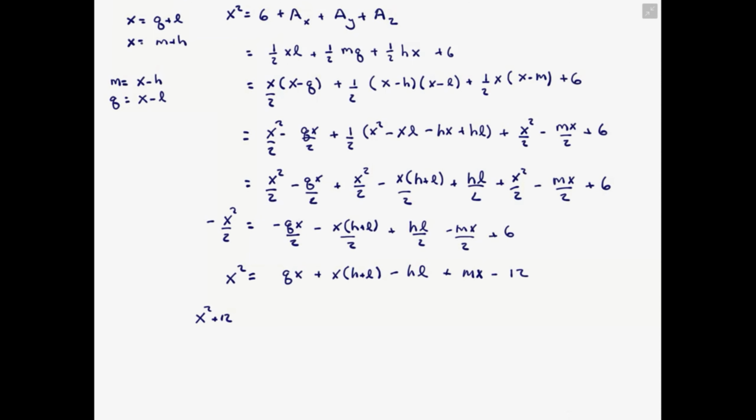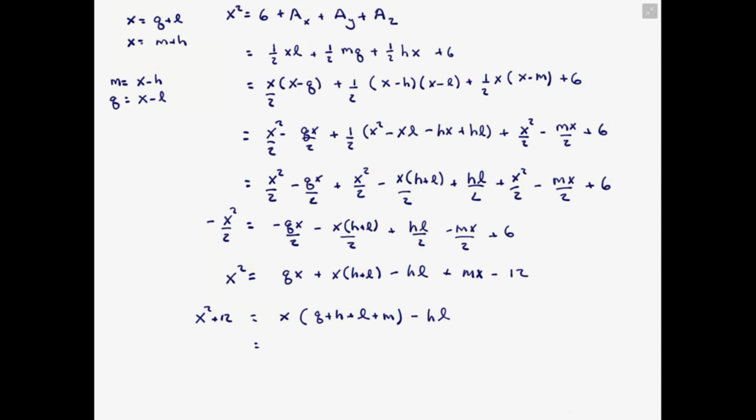So let's bring this over here, x squared plus 12 equals qx, so we got x times q plus h plus L plus m minus HL.